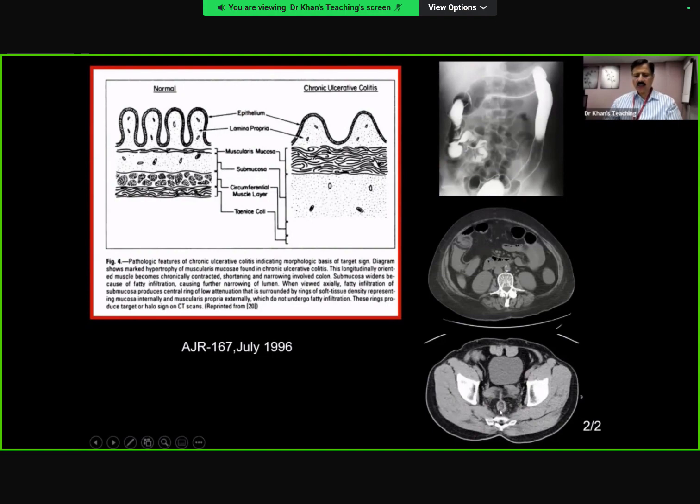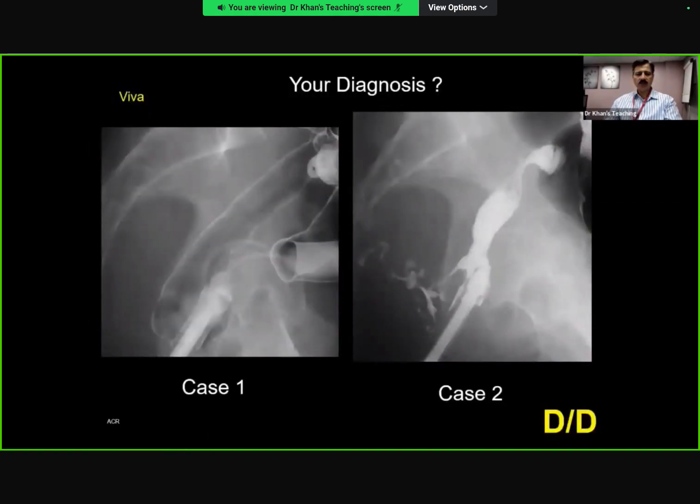So this gives you the target type of appearance, and the lumen will be narrow because the mucosa is thickened and everything is thickened. This is, again, fat in the ascending colon and cecum because of the same thing. So this is the mechanism of development of the lead pipe appearance.